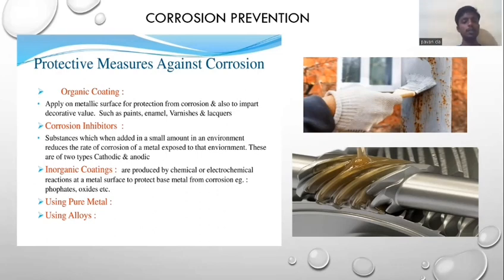These are of two types, cathodic and anodic. Inorganic coatings are produced by chemical or electrochemical reactions at a metal surface to protect the base metal from corrosion, for example phosphates and oxides. Next, using pure metal. Next, using alloys.